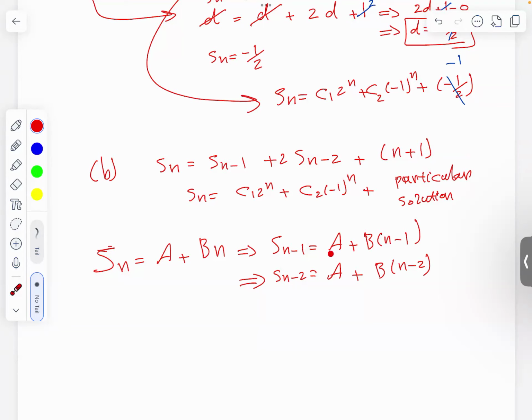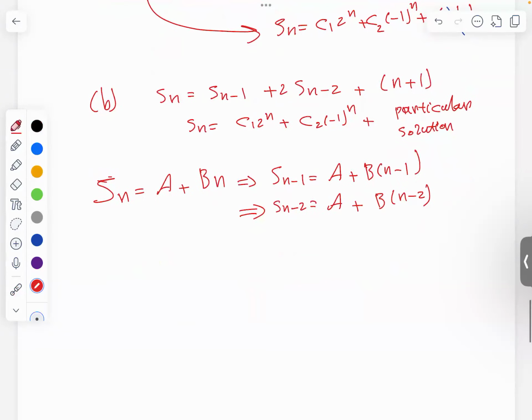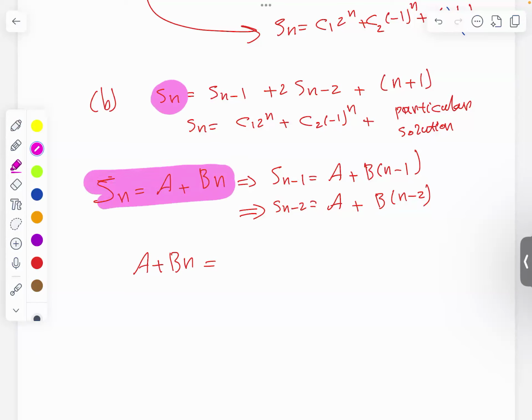Then we aim to find A and B. So A plus B n, A plus B times n minus 1, 2 times A plus B times n minus 2.